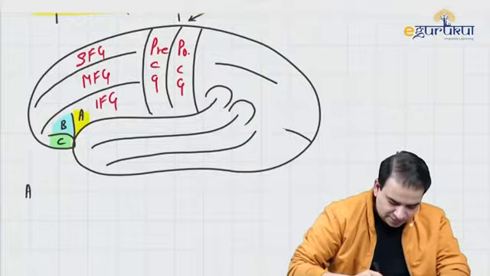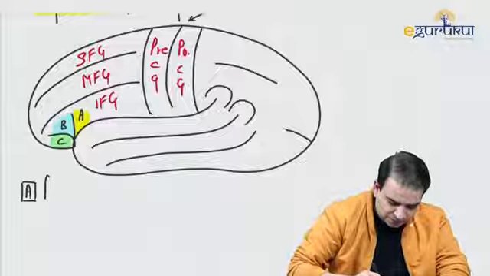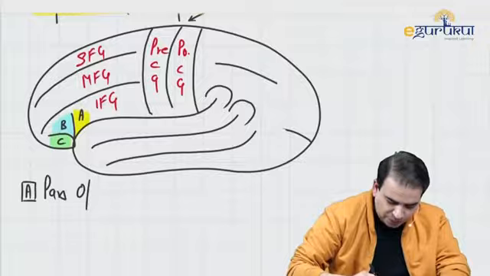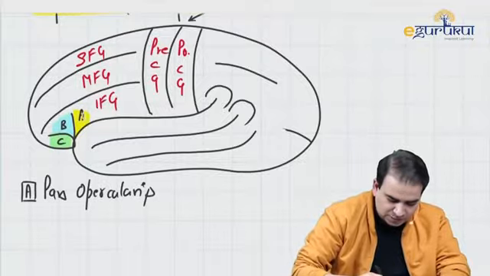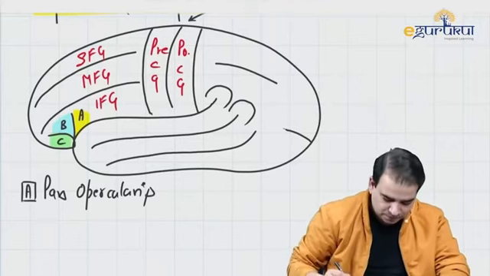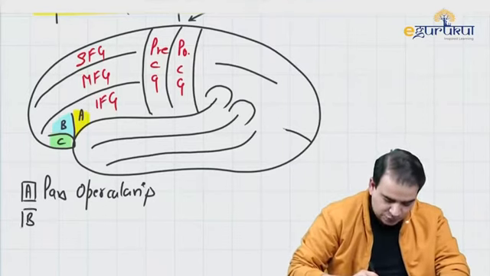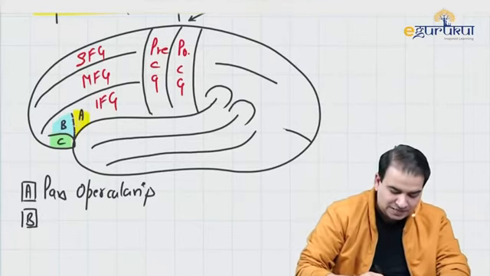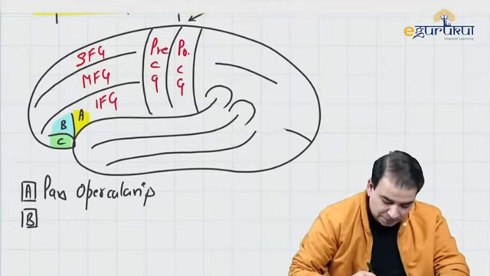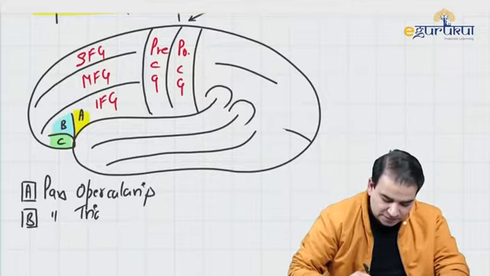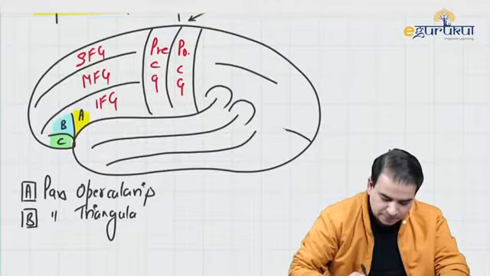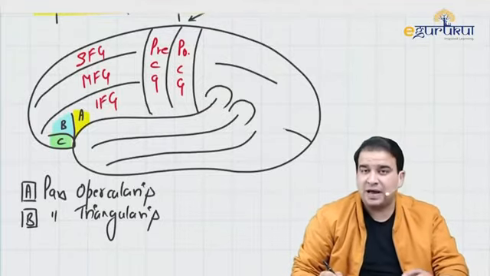Guys, A here is an important area called pars opercularis. Whereas if you look at B, which is between the ascending limb and anterior limb, this is called pars triangularis.